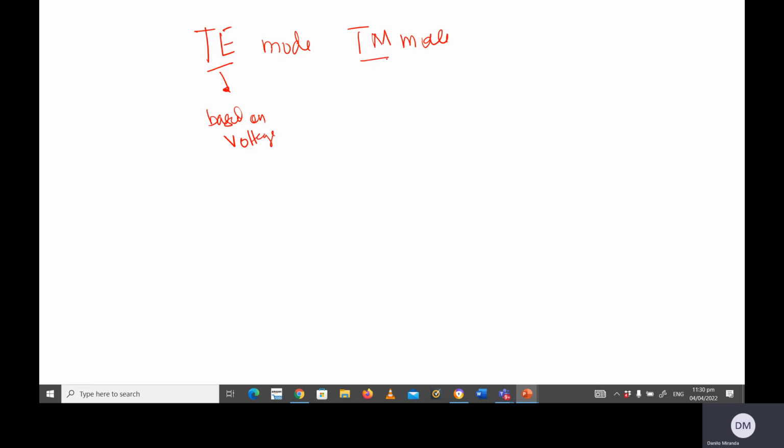On transverse magnetic, based on current. So TE stands for transverse electric. Ayan.